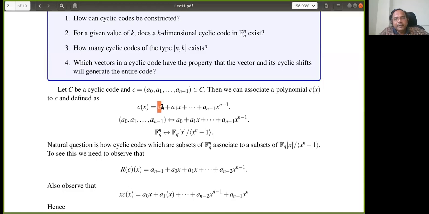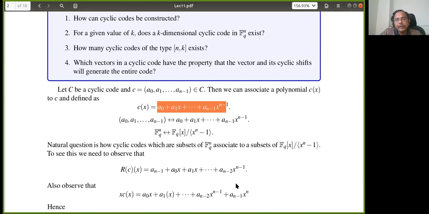My C of x is a0 plus a1 x up to an minus 1 x power n minus 1. x into C of x is a0 x plus a1 x square, up to an minus 2 x power n minus 1, and an minus 1 x power n will come, right?